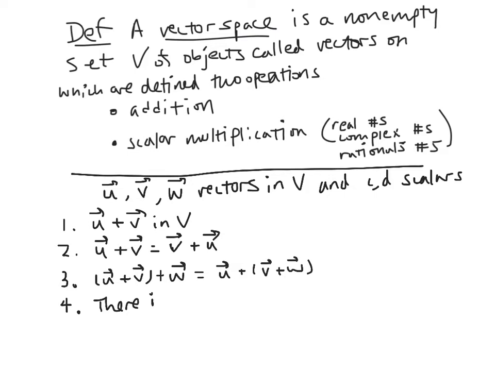I don't know what this vector is, but we identify this by the number 0 with the vector arrow over it. And if I add the 0 vector to anything, the vector is unchanged.